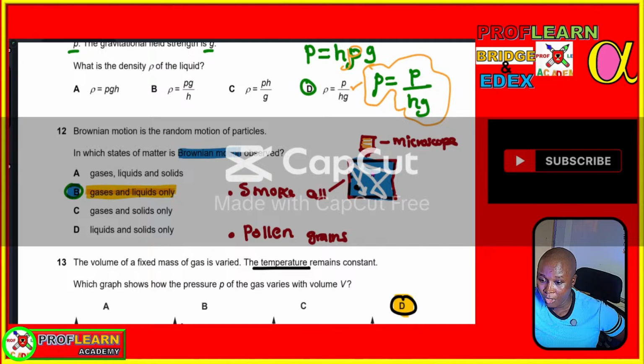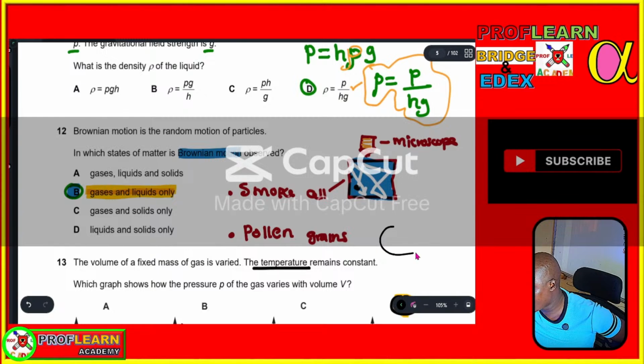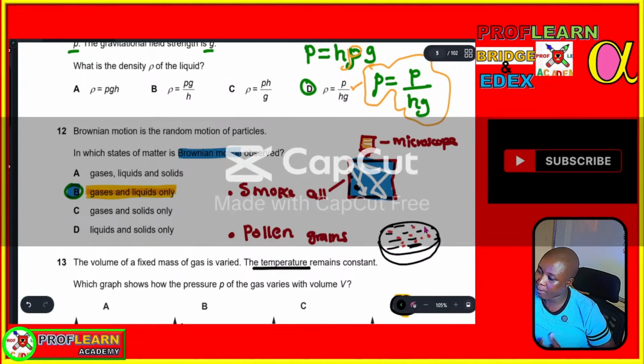Yeah, so this is observed in gases and liquids only, because if you want to observe it in liquids, maybe you have a bowl containing some water, and then if you pour some pollen grains on the surface of water, you will be able to see.